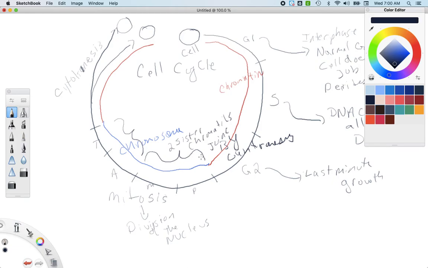Now we know that at the end of metaphase, the beginning of anaphase, that centromere splits. So that means our chromosome in anaphase and telophase is one sister chromatid.